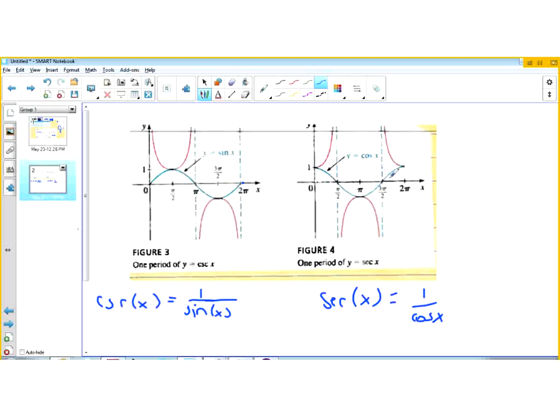So again, the blue curve is one period sketch of a cosine function. The cosine function is 0 at pi halves and at 3 pi over 2, so those would constitute vertical asymptotes for the secant function. And likewise, at x equals 0, the cosine function is 1, and the reciprocal of 1 is 1, so the secant function has an output of 1 at x equals 0.